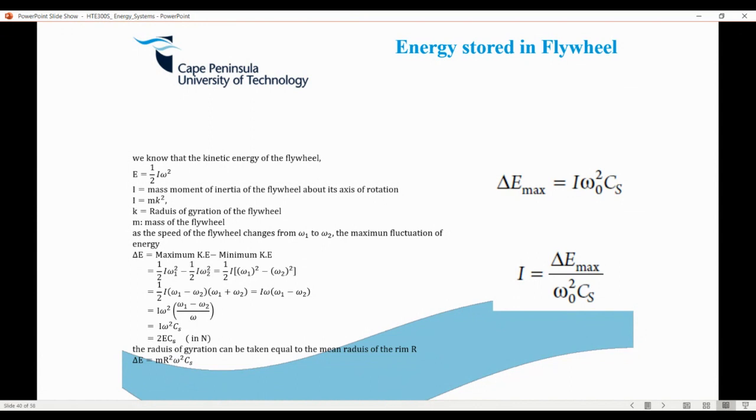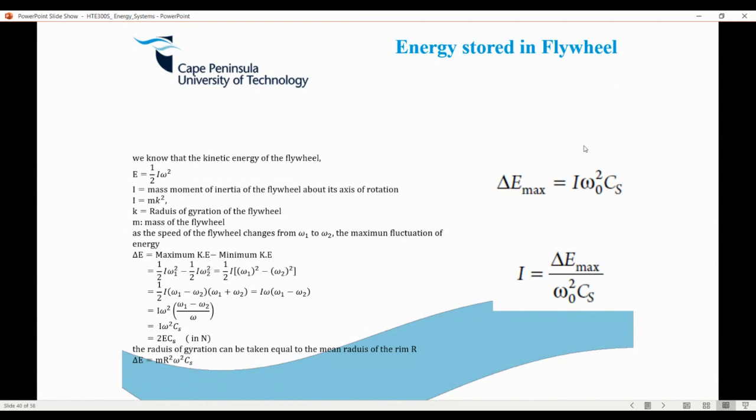That delta E is the fluctuation in energy from minimum to maximum. So you might ask, what is Mr. Scout talking about? When we do our turning moment diagrams, you know that multi-cylinder thing, we find the maximum fluctuation of energy. From that, we're able to design our respective flywheel.